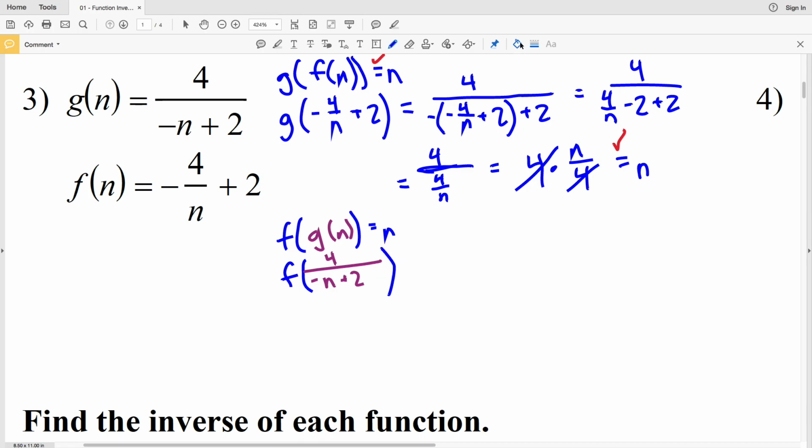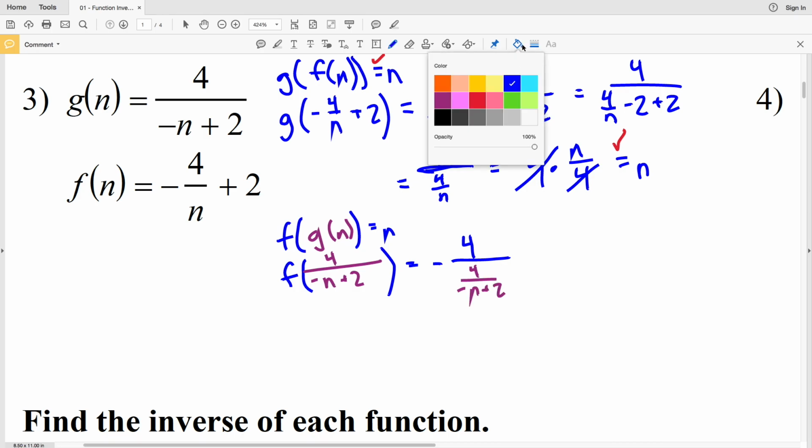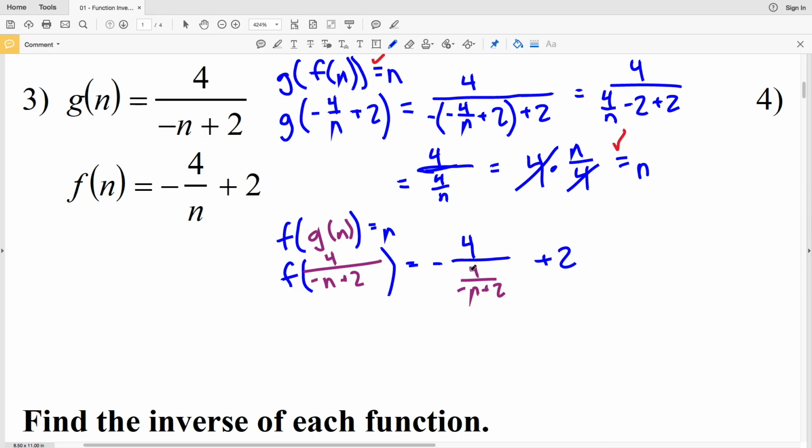So I'm going to take 4 over negative n plus 2 and plug that into the function. So I'll have negative 4 over 4 over negative n plus 2, and I'll be adding 2 to that. So you can see that the entire function g of n was plugged in for n in my function f of n.